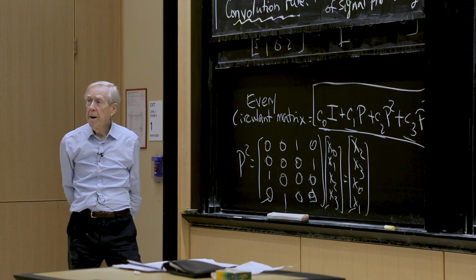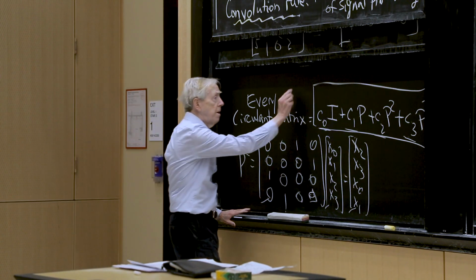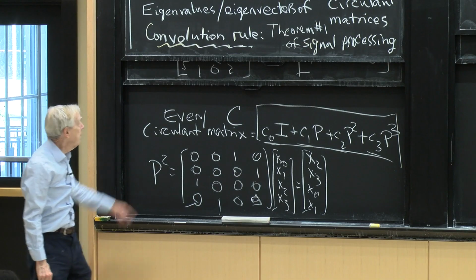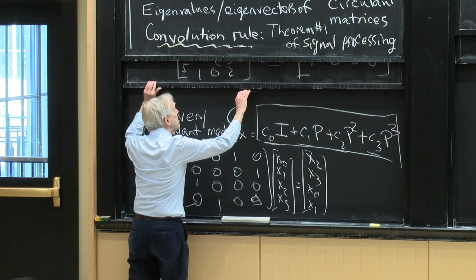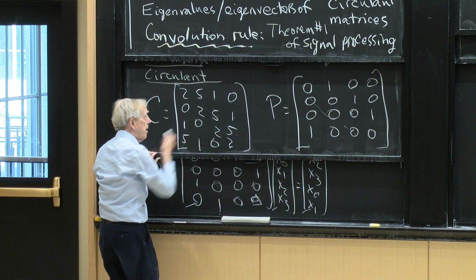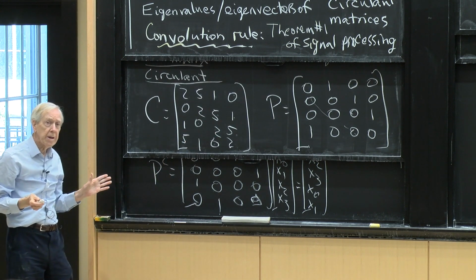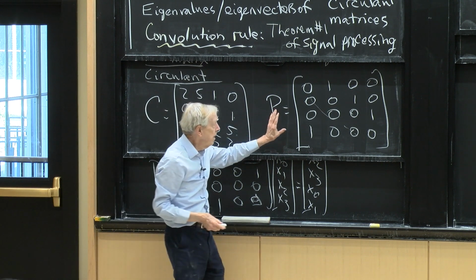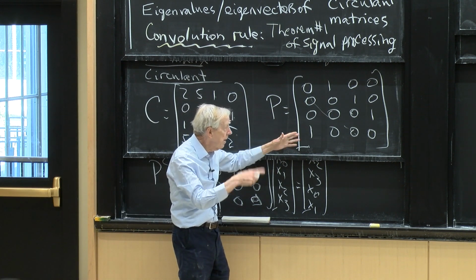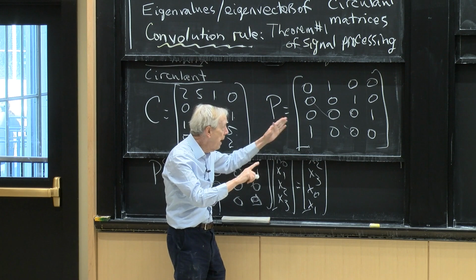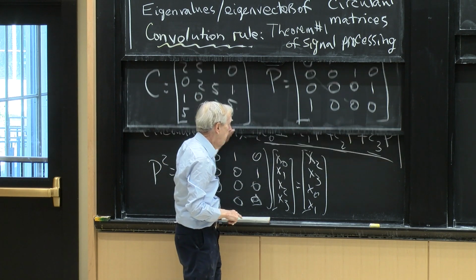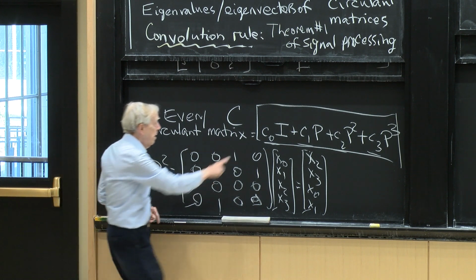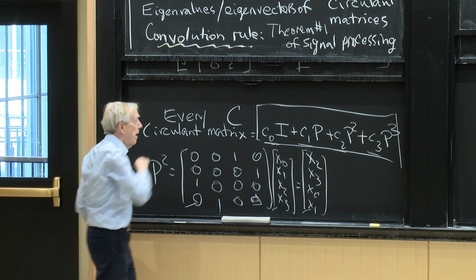What can you tell me about the eigenvectors of this matrix C? My C looks like that, and I'm asking you for the eigenvectors of that. And I'm saying that it is a polynomial, a sum of powers of P, like so. In fact, the numbers here just come off the diagonals.